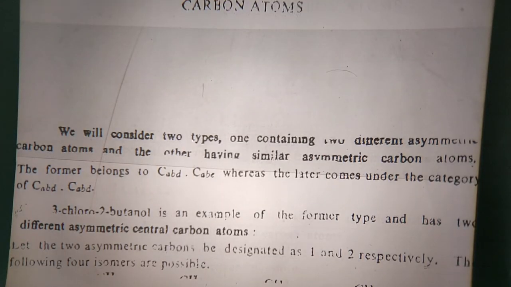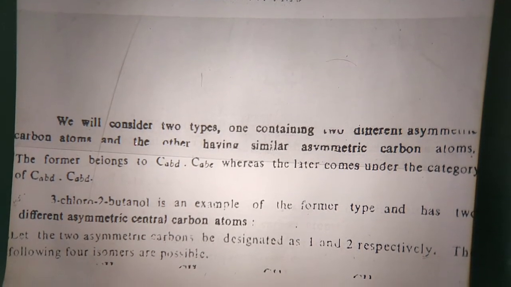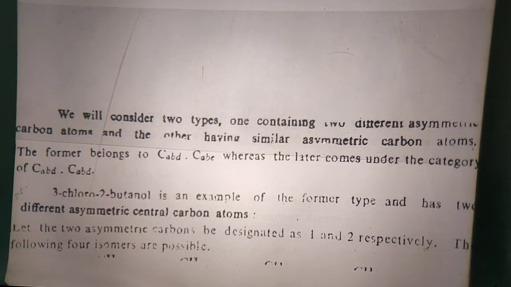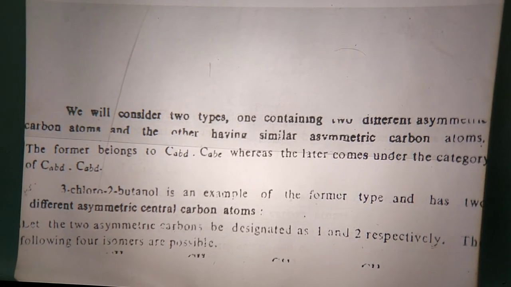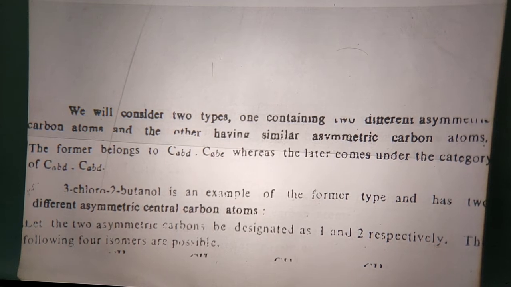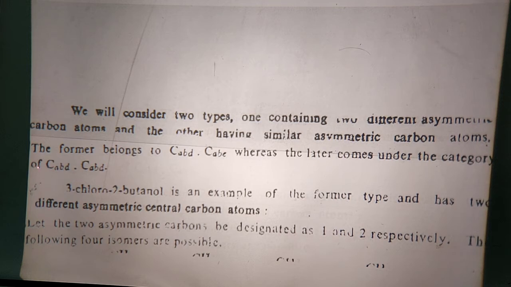We will consider 2 types, one containing 2 different asymmetric carbon atoms and the other having similar asymmetric carbon atoms. The former belongs to the CABD, CABE type, whereas the latter comes under the category of this one.